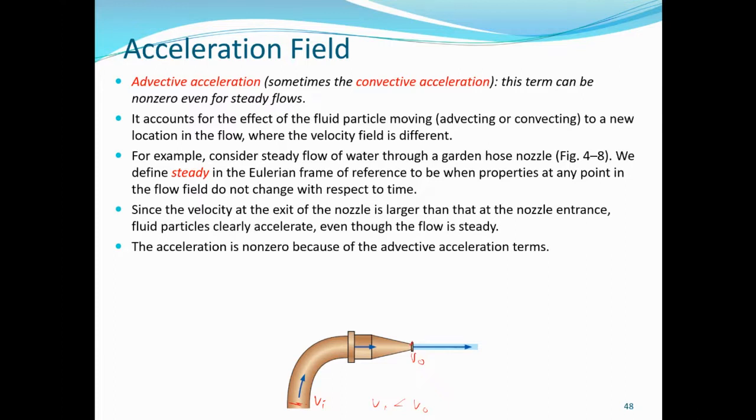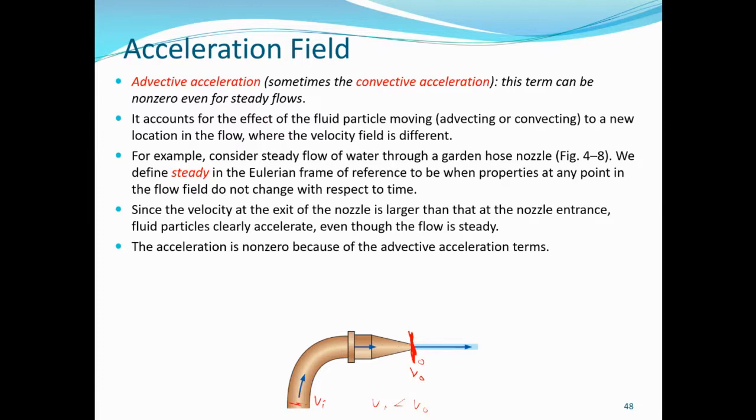But in steady flow, you are fixing your position, meaning at a particular section, and observing the flow across that section. So if you come to this section, the velocity here, which is Vo, does not change with time. It remains the same value.